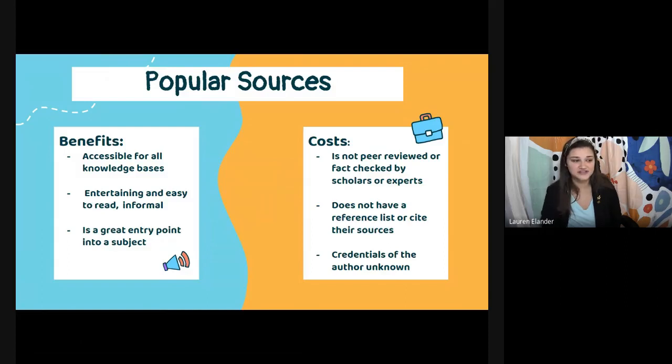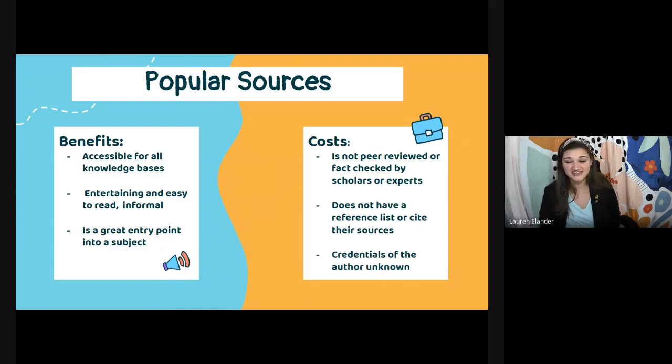The cost of this is that they're not written for experts, so they're not going to be peer-reviewed or fact-checked by scholars or experts in that area. Instead, where a scholarly source would reference other papers, explain their research, and cite their sources, a popular source will not do those things.